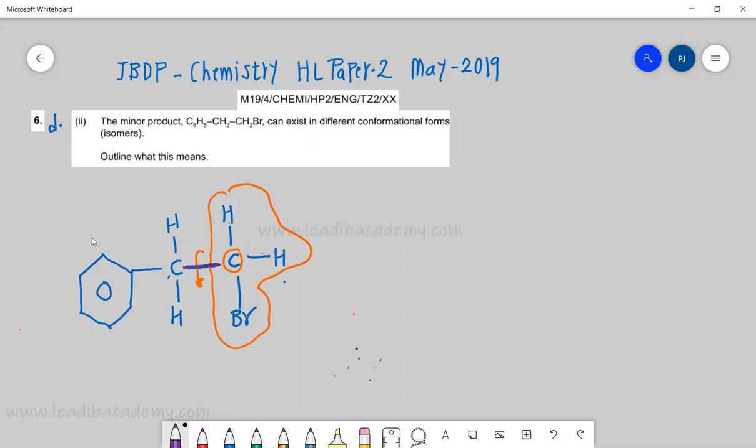So along this axis, there can be a free axial rotation.